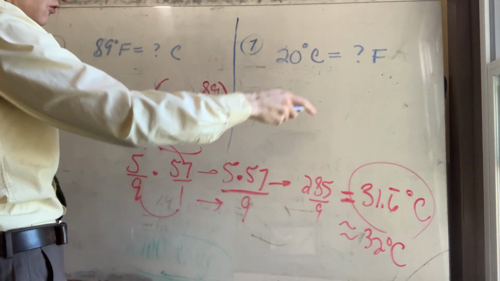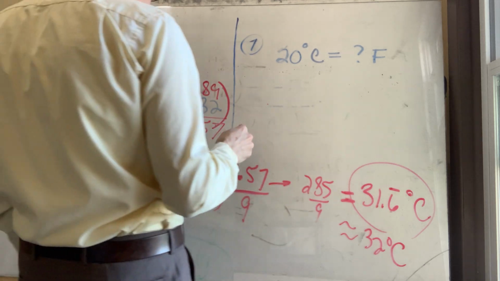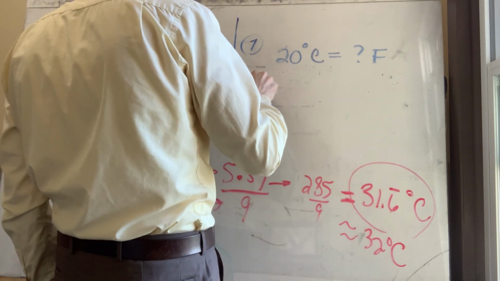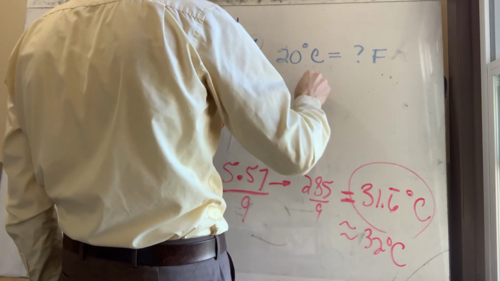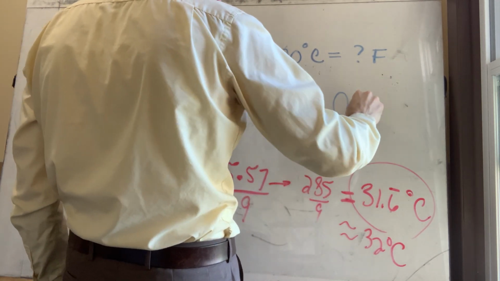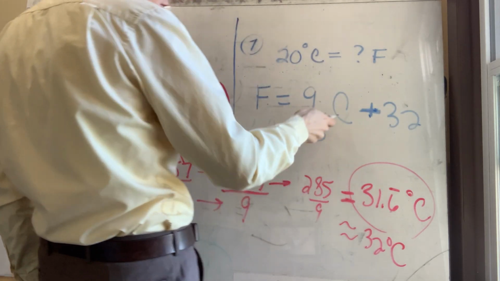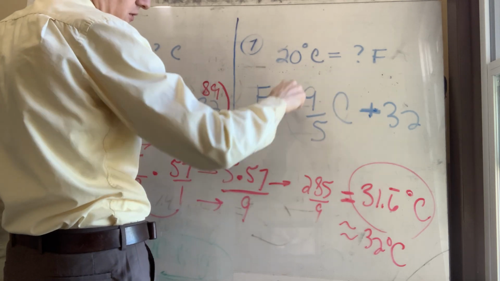You would need this incarnation of the formula. You could get one from the other by rearranging it. They're inverses, actually. F is equal to 9 over 5 C plus 32. Notice that the order of operations is different, though. You would have to do the multiplication here first.